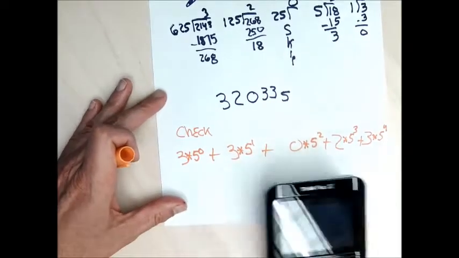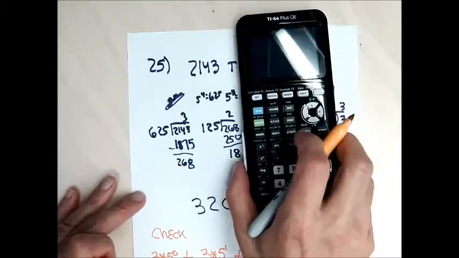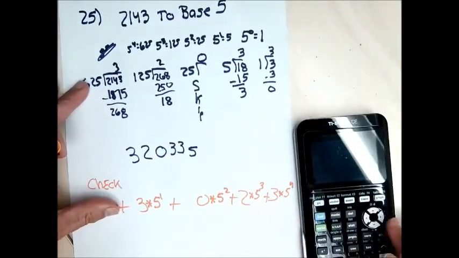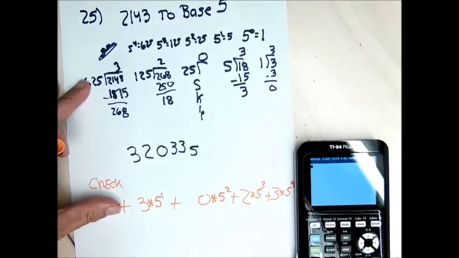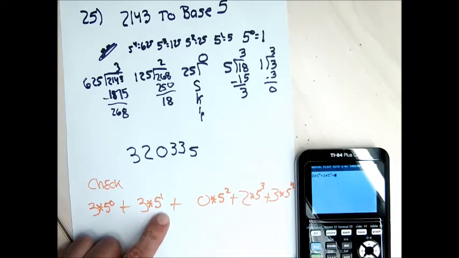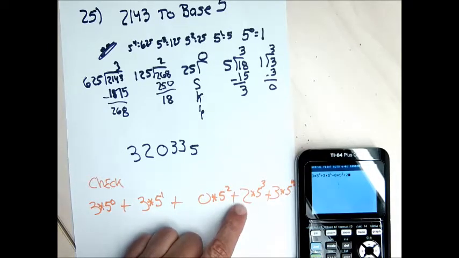And I do one horrible computation on my calculator if I can get this to work out. My calculator is really fighting me with the glare right now. To check this on my calculator, I'm going to go 3 times 5 to the 0 plus 3 times 5 to the first plus 0 times 5 squared plus 2 times 5 cubed plus 3 times 5 to the fourth.